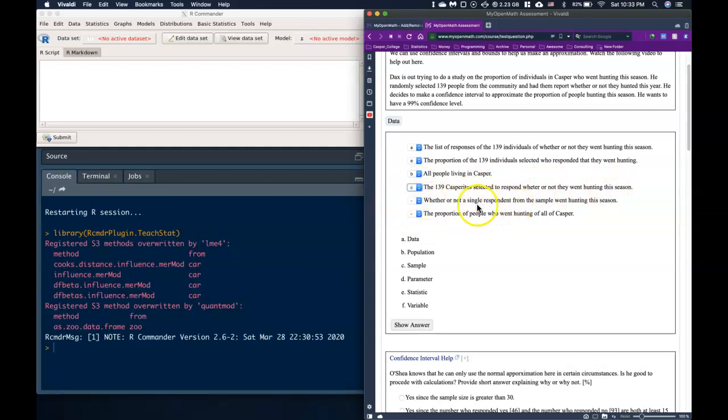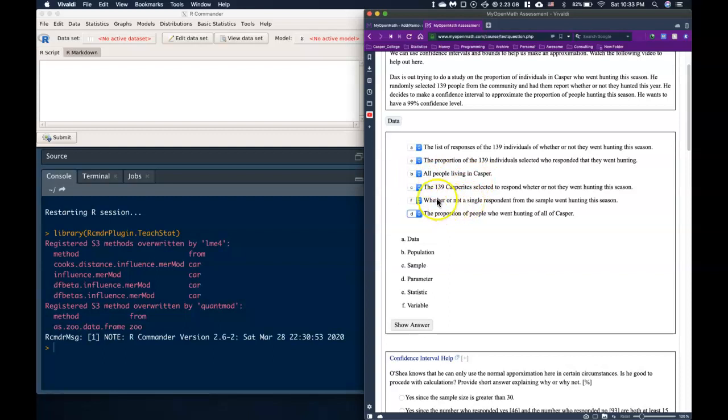And whether or not a single respondent from the sample went hunting this season, that is our variable. That's the question that we're asking. And the proportion of people who went hunting in all of Casper is our parameter. Remember, the population is the big group that we want to make some conclusion about.